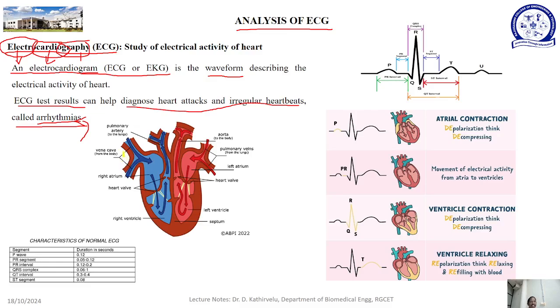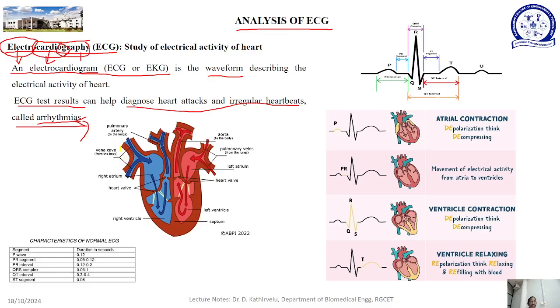Initially, the impure or deoxygenated blood from various parts of the body reaches the right atrium through the superior vena cava from the superior parts of the body, the inferior vena cava from the inferior parts of the body, and the coronary sinus, which brings deoxygenated blood from the walls of the heart.